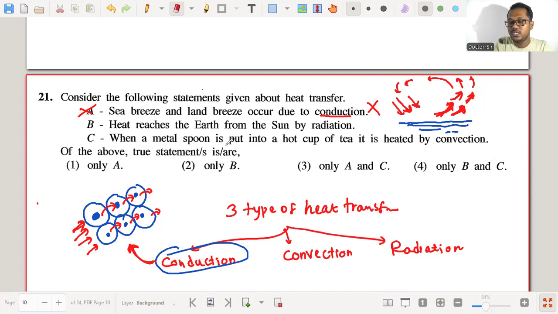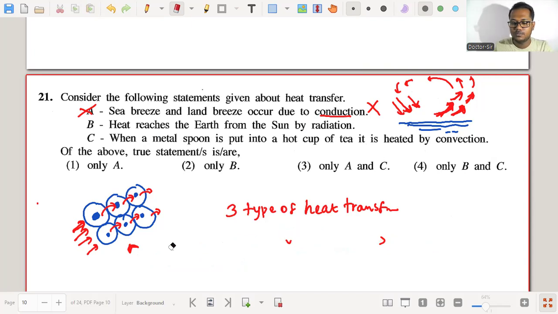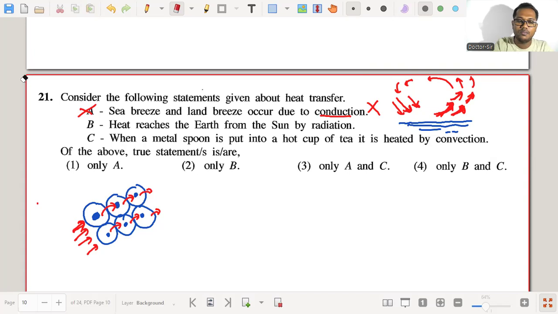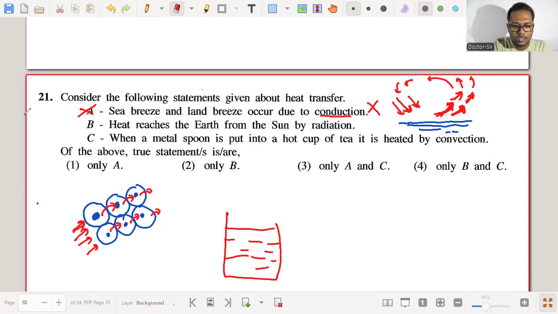When a spoon is put into a hot cup, if you take a spoon, I will erase here. Now you are going to put your spoon into the hot cup of tea.